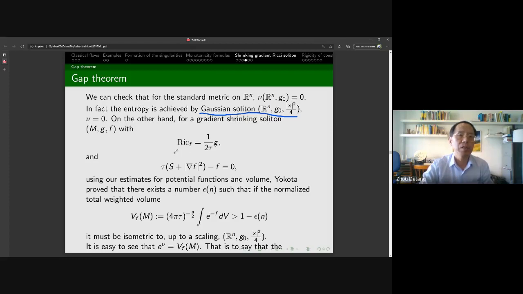Then you have Ric f is this. Anyway, on any Ricci soliton you have this. So you can compute that the entropy of this Gaussian soliton is just 0.